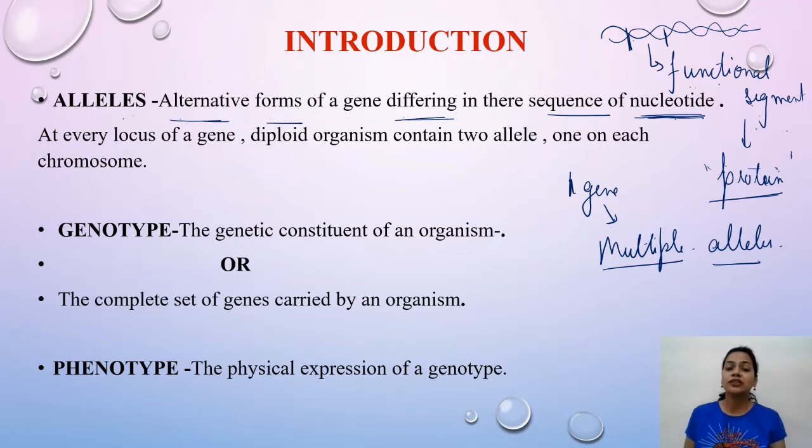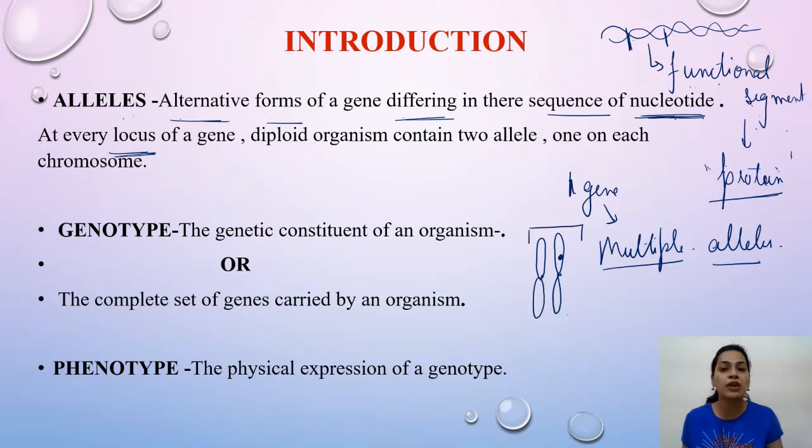Further, if we consider this to be a chromosome, the position of a particular gene on a chromosome is known as a locus. In a diploid organism, we have a complete diploid state, that means two homologous chromosomes. Why do we call them homologous?